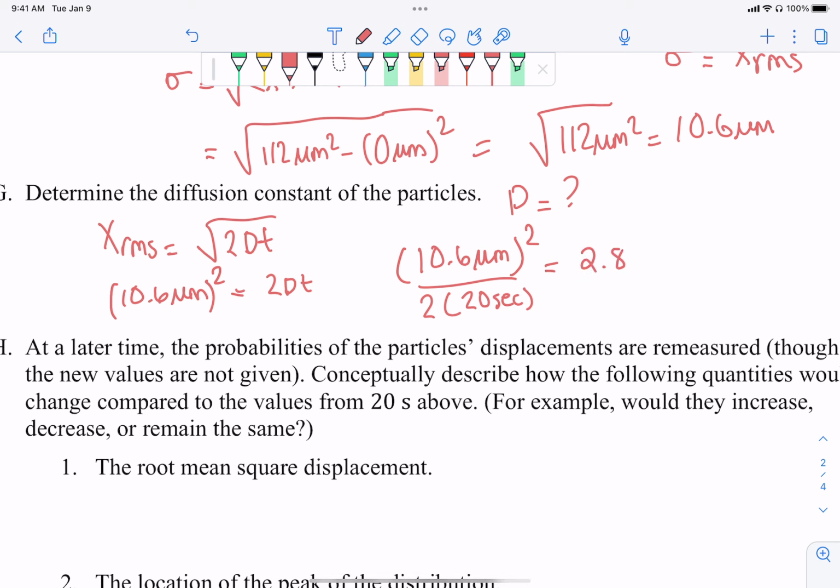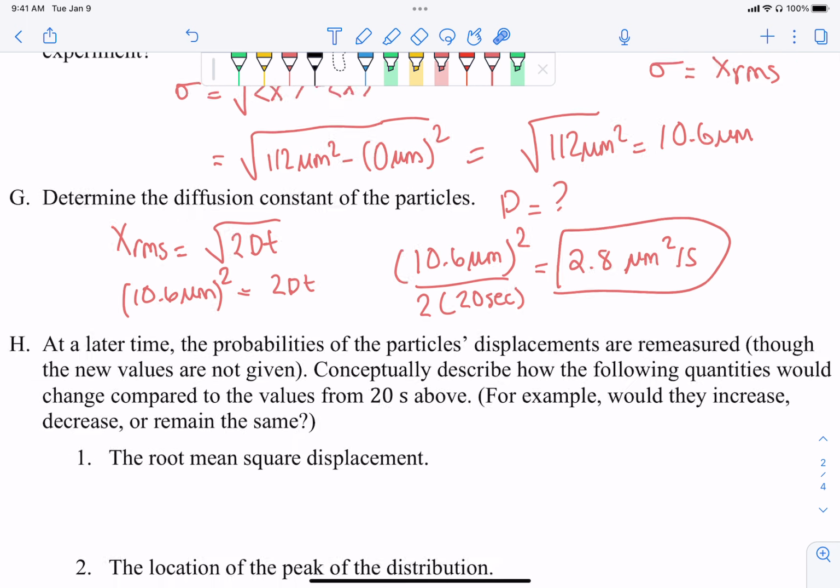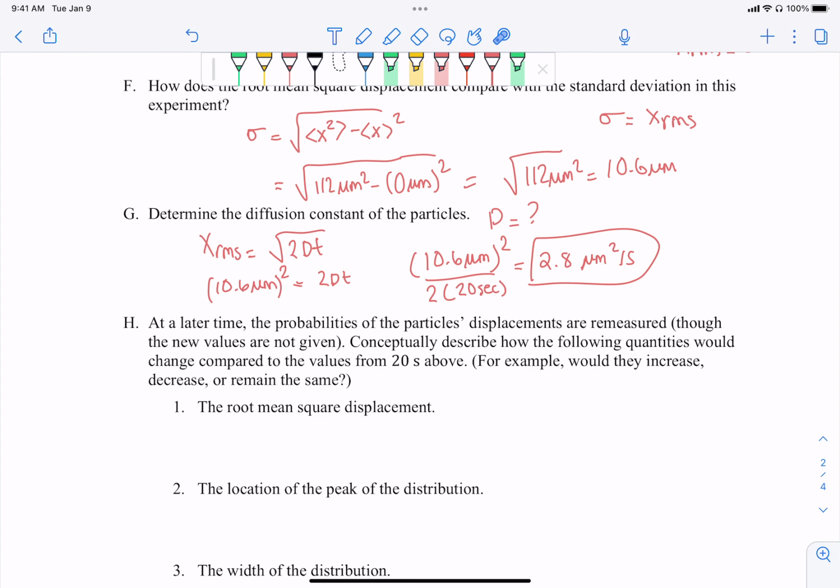Yep, 2.8 micrometers squared per second. Those are your units because you have micrometers squared over seconds.